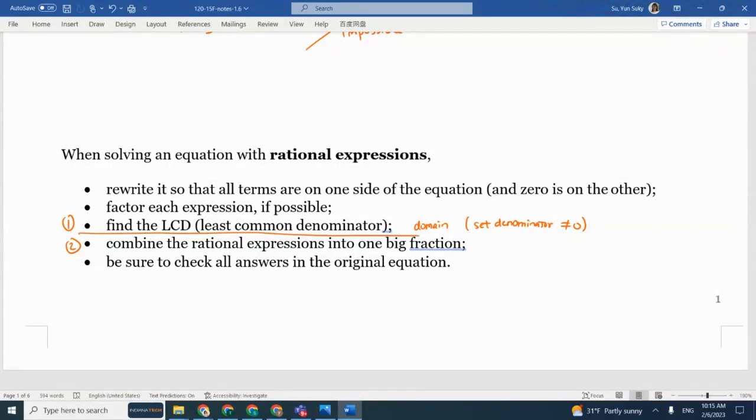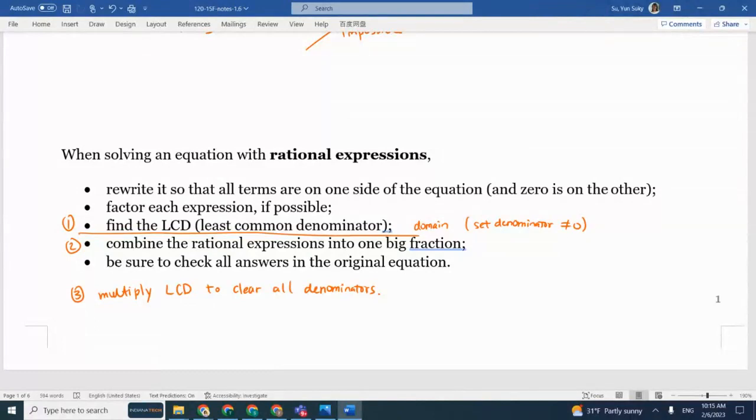All the terms have a least common denominator, and then step 3, multiply by the LCD to clear all the denominators. Then we get a polynomial equation.